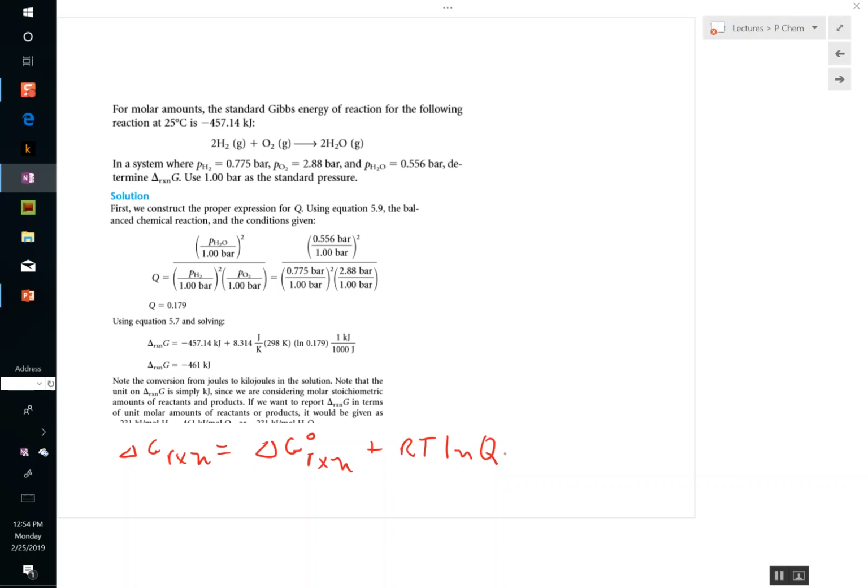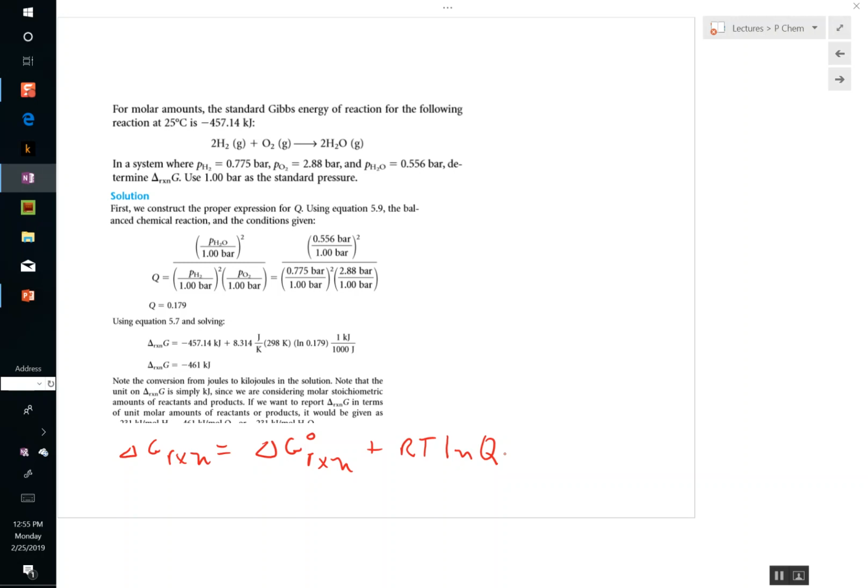That's not the standard state of H2O, but for this particular example, I'm not sure if these are really logical values. It's not really logical that we'd be looking at water. I mean, water will have a vapor pressure, but I don't know that that's what they're looking at here.